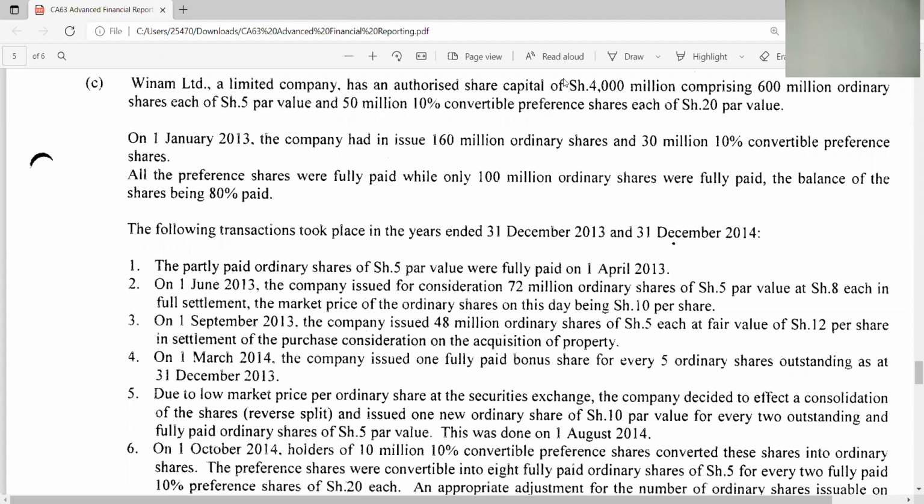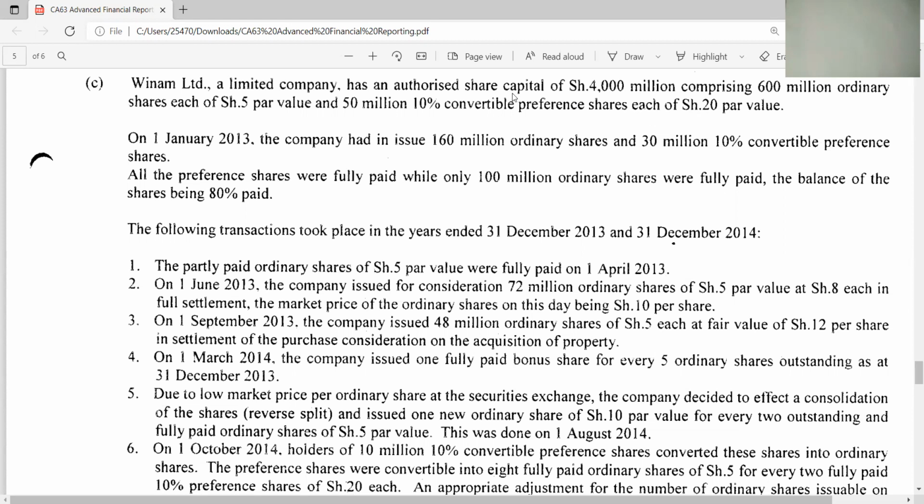If I take 600 times 5 to get the total value of ordinary shares, I will get 3,000. And also 50 million 10% convertible preference shares, each of shillings 20. So 50 times 20 is 1,000.